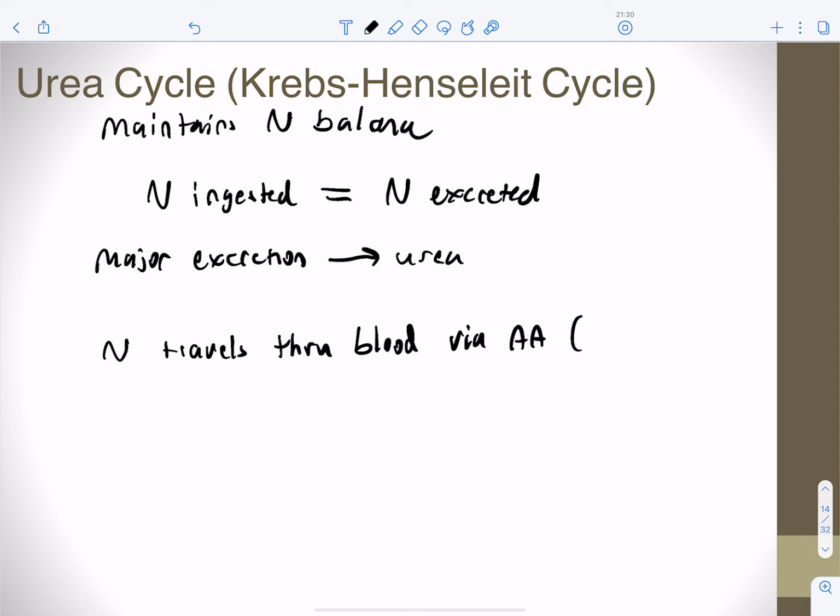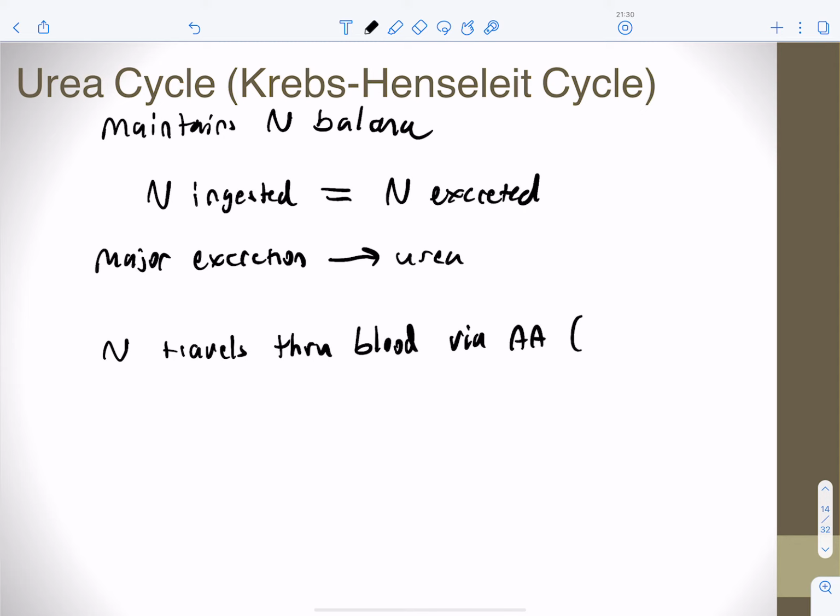Now, with respect to the brain, you have ammonia, which we know is toxic, but ammonia itself is a very serious neurotoxin. And hyperammonemia is going to have negative effects primarily in the brain because ammonia can cross membranes.